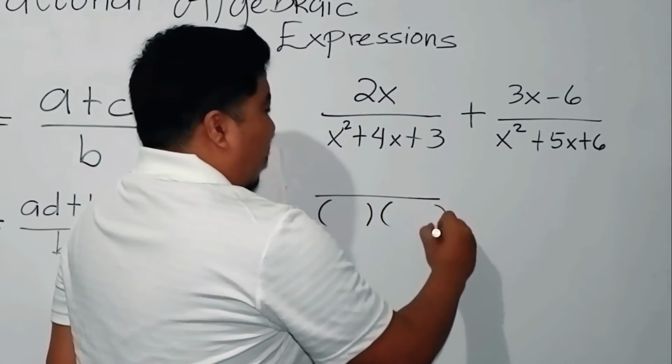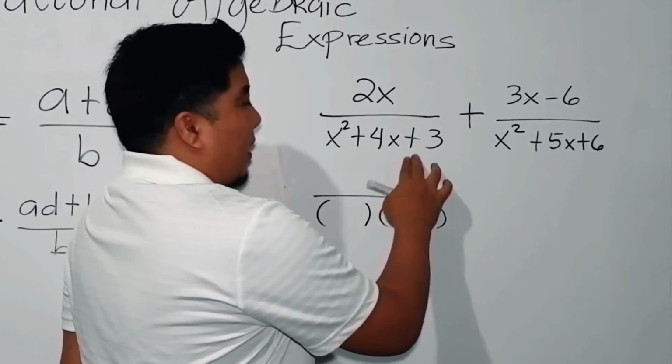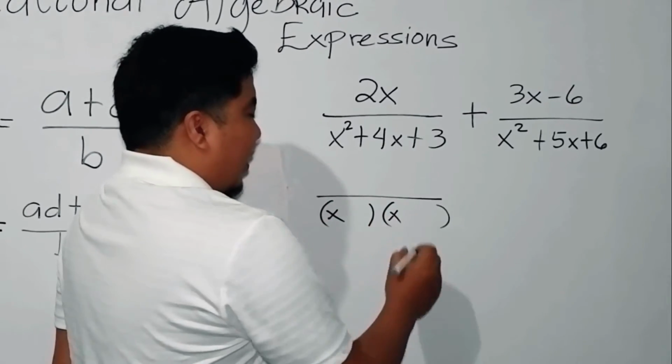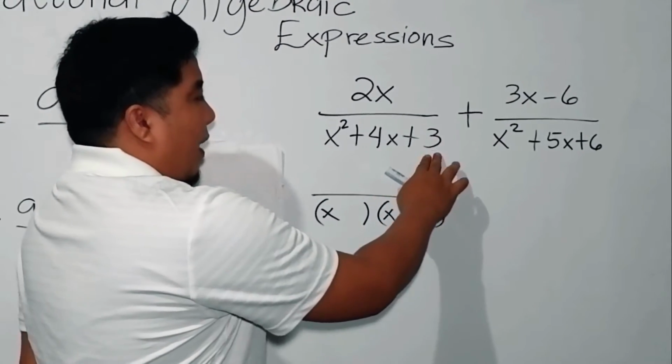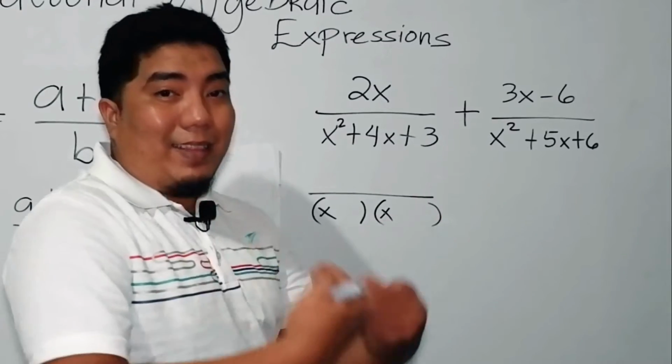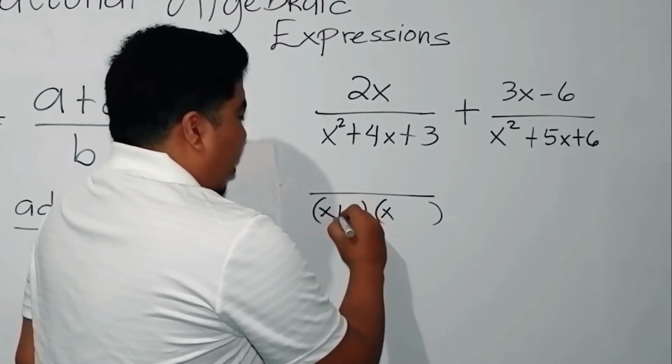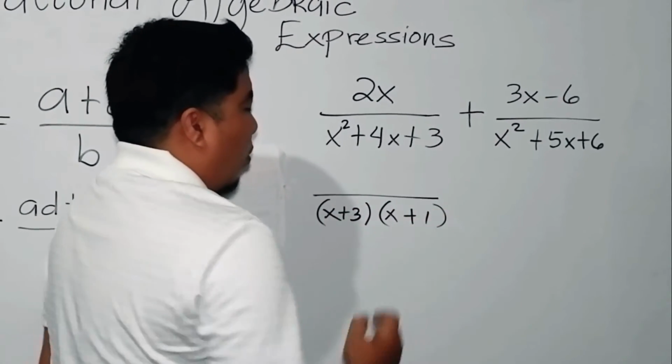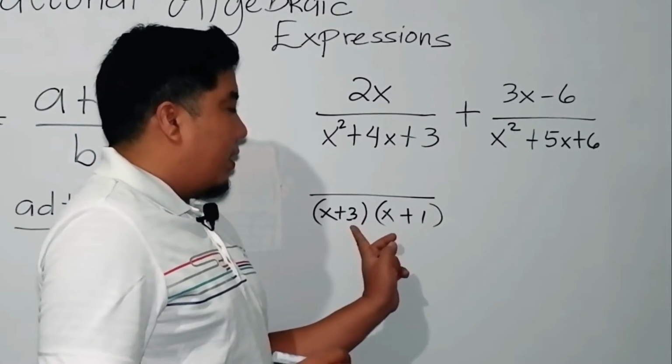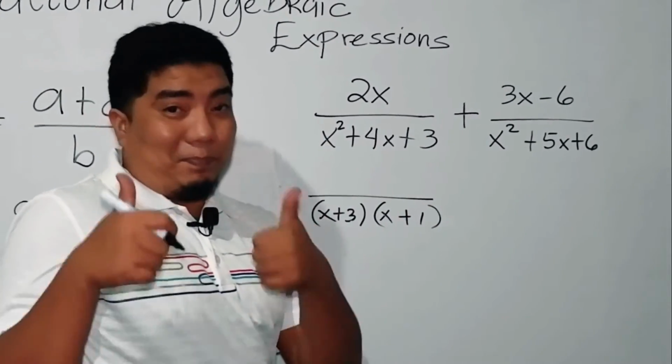So the factored form of x squared plus 4x plus 3 is x and x here. And here, the factors of 3 in which if we add them, the answer is 4, are 3 and positive 1. Because 3 times 1 is 3, 3 plus 1 is 4.